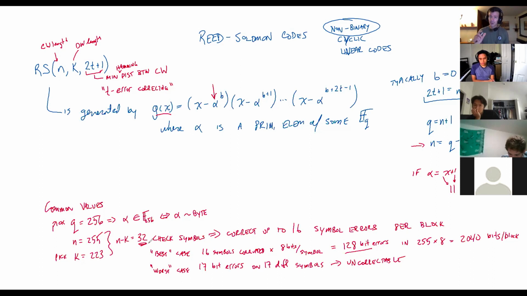So this is why it's a bit complicated: in some cases, I can correct 128 bits out of 2040, and in other cases, I can't even correct 17 out of 2040 because of where those bits are located. So this is kind of live by the sword, die by the sword, and it's also why one wouldn't choose to use Reed-Solomon in a very healthy, non-bursty channel.